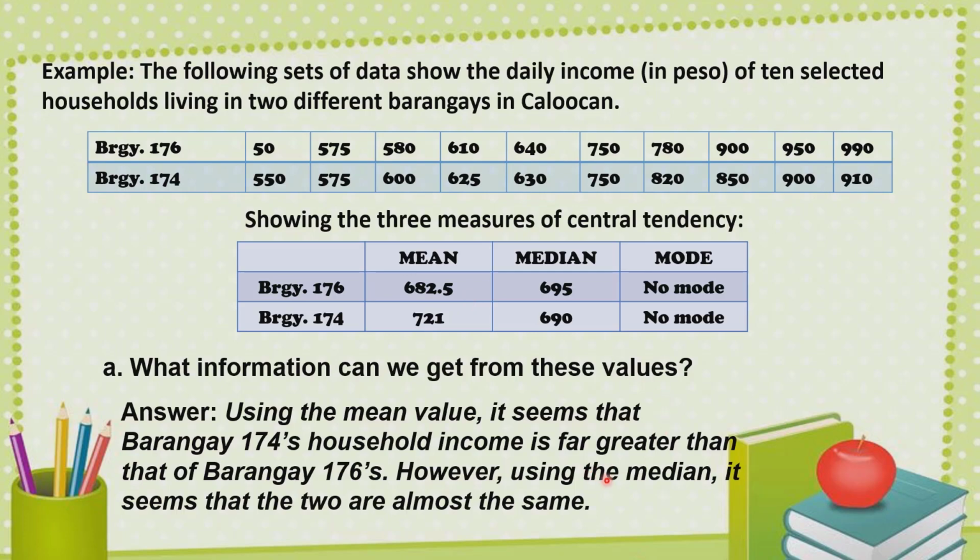However, using the median, it seems that the two are almost the same. We can see here in the median values, in Barangay 174, they have 690, while in Barangay 176, they have 695.